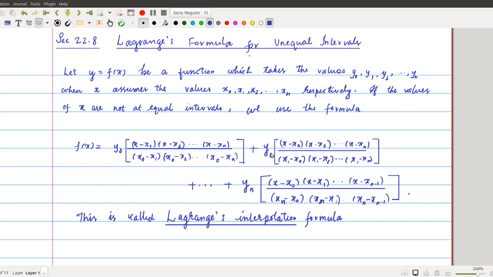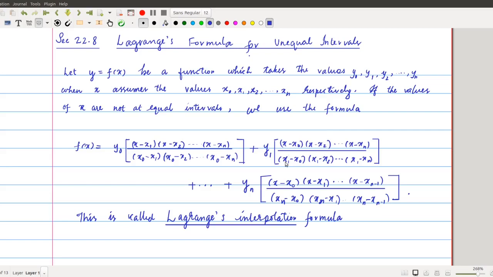Then plus y1 times, where y1 is f of x1, the number x minus x0. In the numerator we avoid x minus x1, so the numerator becomes x minus x0, x minus x2, etc., x minus xn. In the denominator we delete the x1 minus x1 term, so all the other terms will be there. This term is in fact a polynomial in x.